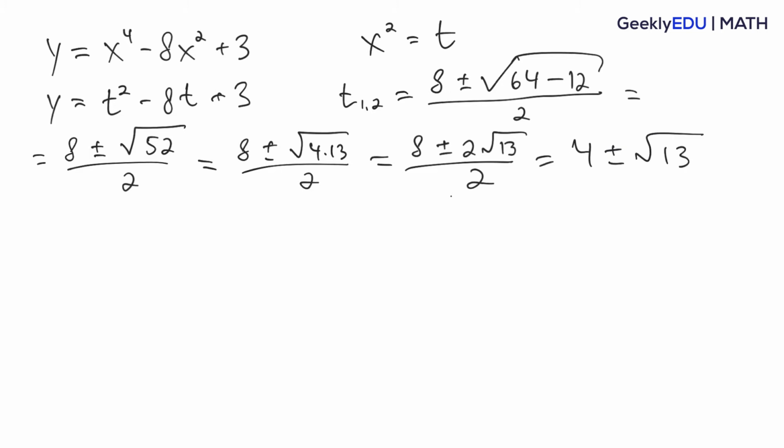But we're not done yet, because here we said that x squared is equal to t. So then we still need to take the square root of this to get our 4 x's.